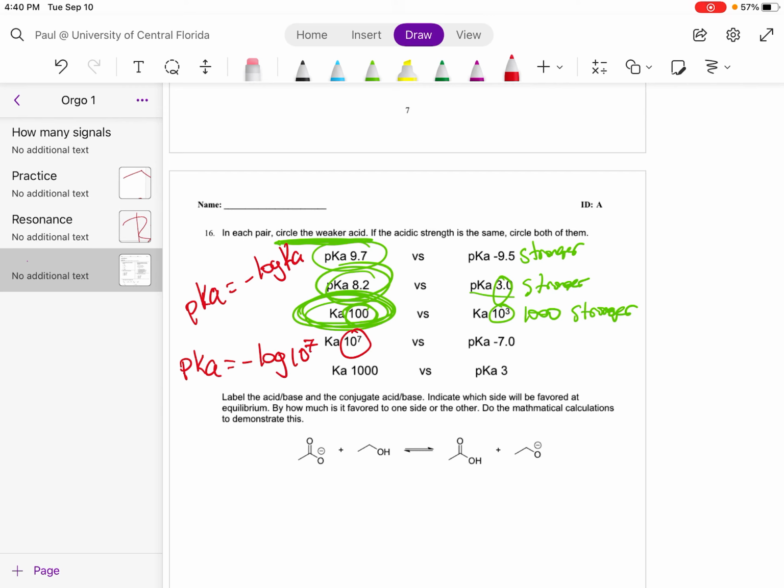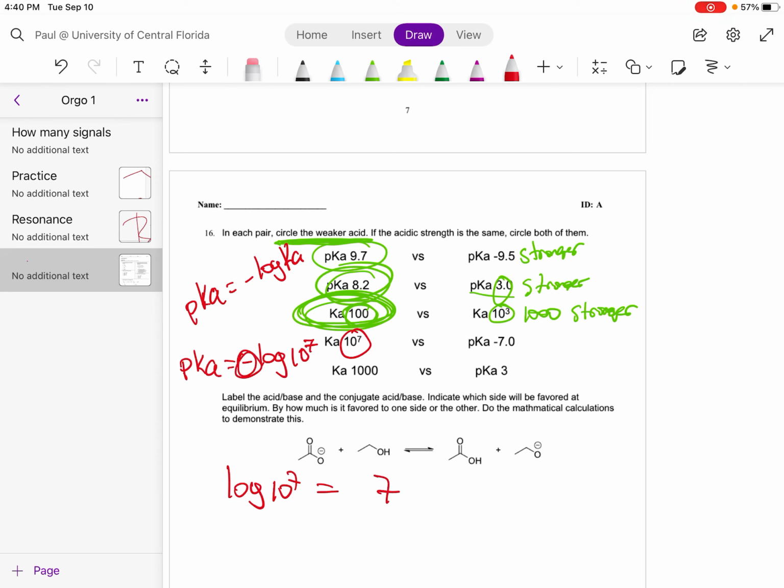Okay? So what's that going to give us? So the negative log, or let's just take a look at the math like this. What's the log of 10 to the 7? That's going to equal 7.